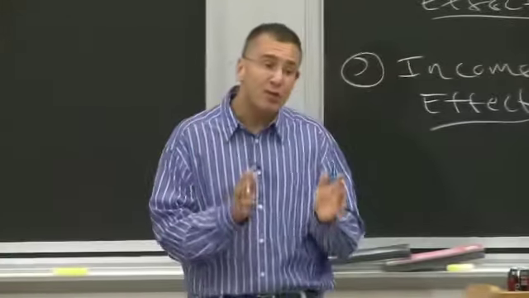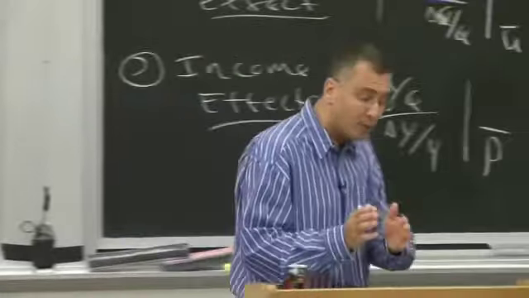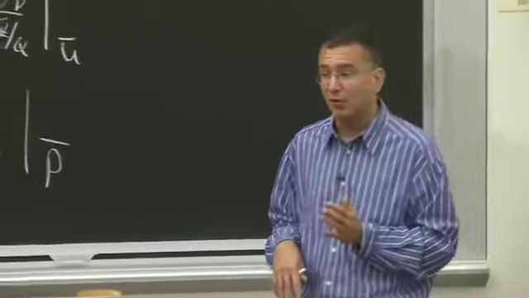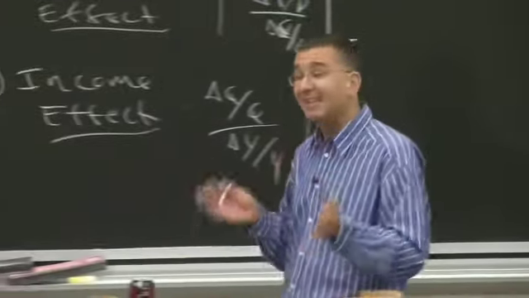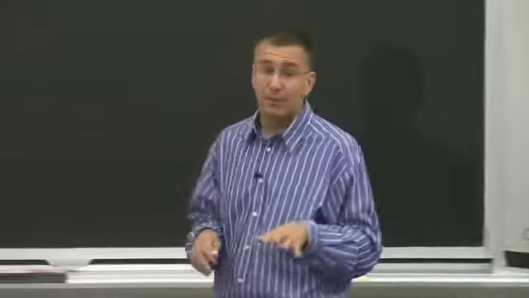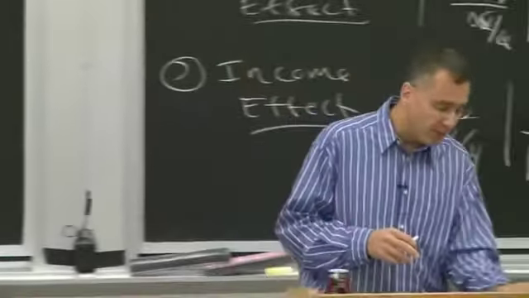Now, the first, as I said, is unambiguous. That substitution effect will always move you to the left. You're always going to want less of a good if its price goes up from the substitution effect. The second is ambiguous. That depends on whether the good is normal or inferior. Next time, we'll talk about what happens with inferior goods.